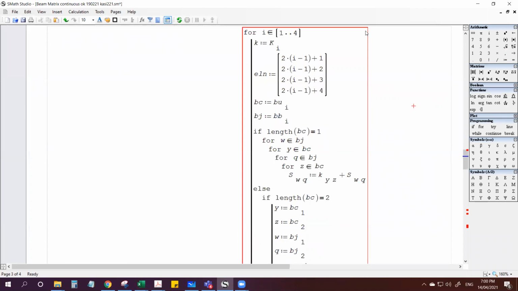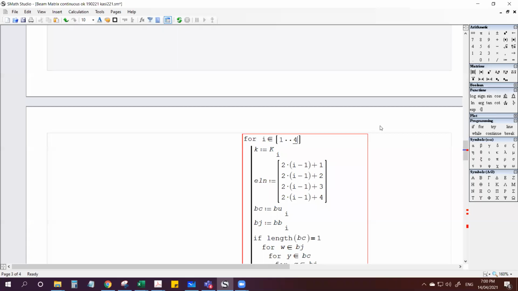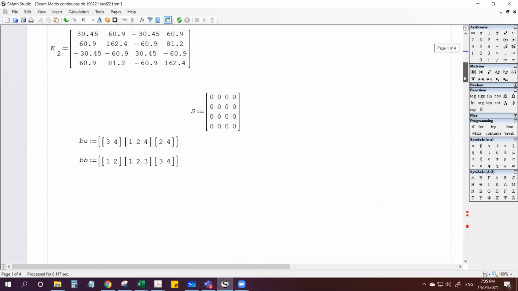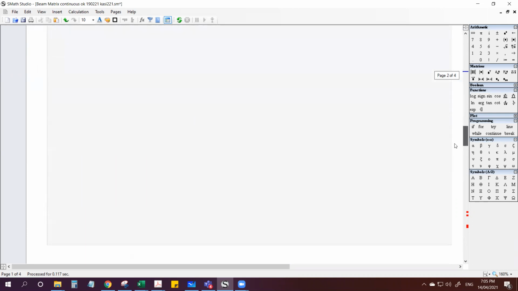No, it should be 3, because we have 3 elements. So I found out that there's an error in my null matrix earlier. I only input 3 by 4. So it should be 4 by 4. So there's no more error right now.